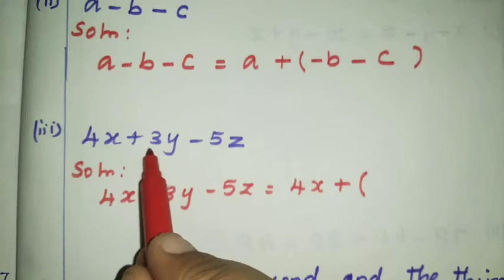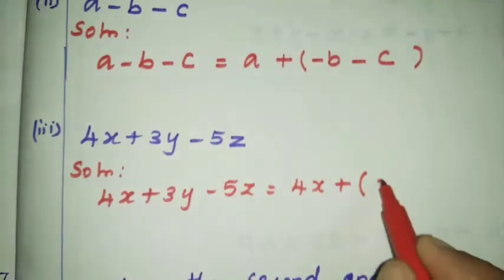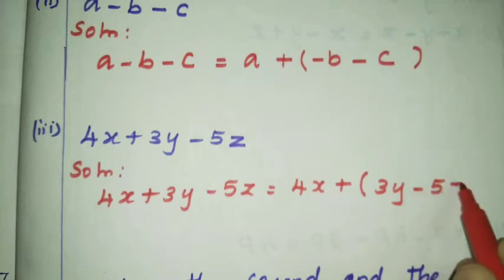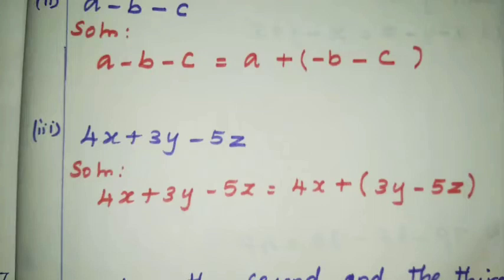Here what is the second term? Plus 3y, that is 3y. What's the third term? Minus 5z, and close the bracket. Is it clear? Yes. Shall we move to the next one?